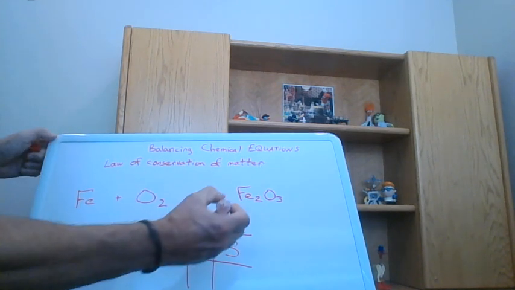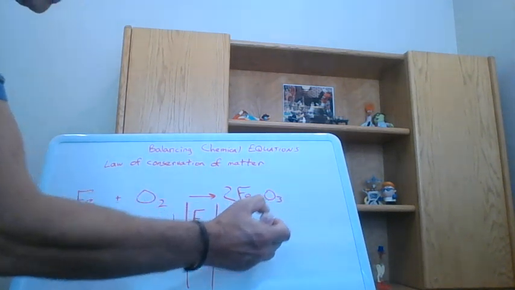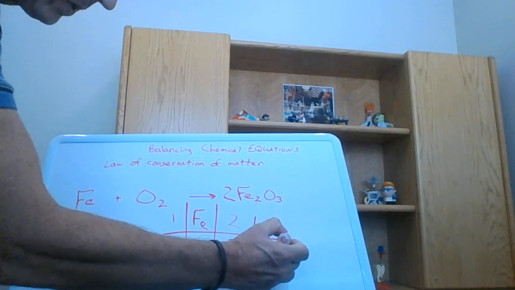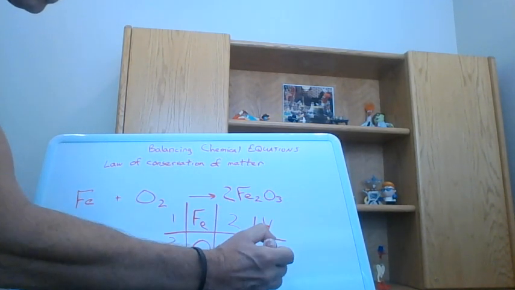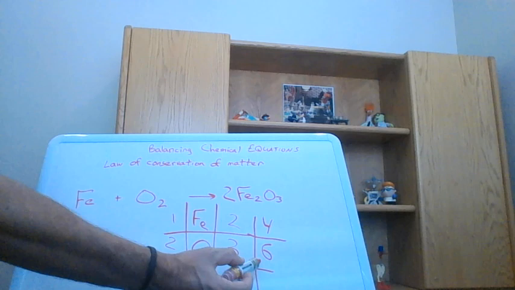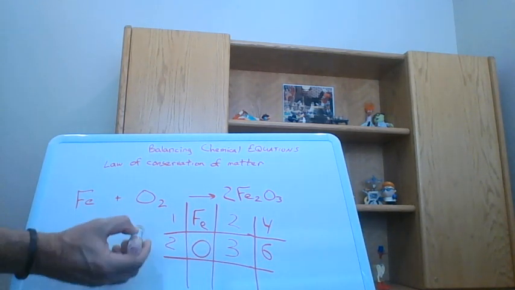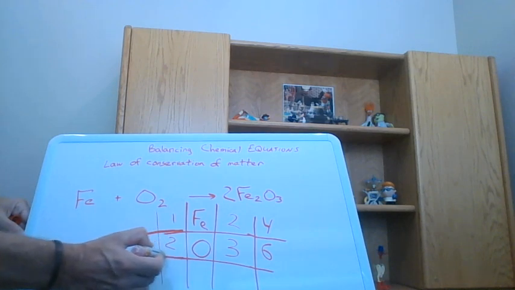To proceed, I would put a 2 in front here, and that's multiplying everything behind it by 2 with that coefficient. So now I have 4 iron atoms and I have 6 oxygen atoms. That didn't bring us any closer to being balanced, but now we have an even number of atoms on this side, and so we can balance the rest of our equation because we don't have this odd-even imbalance.